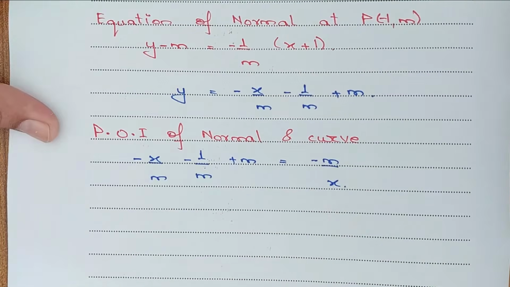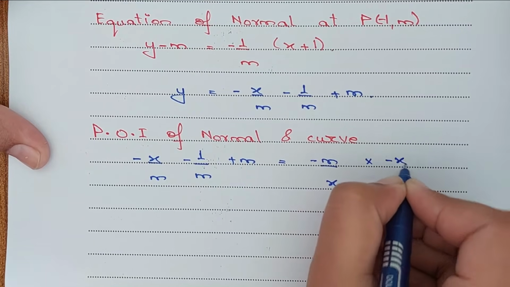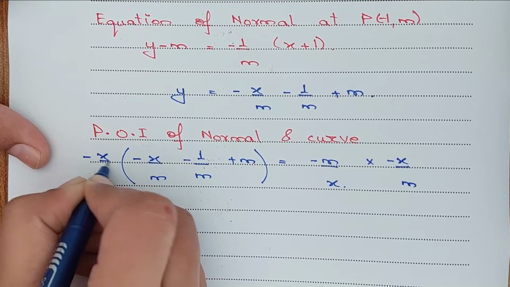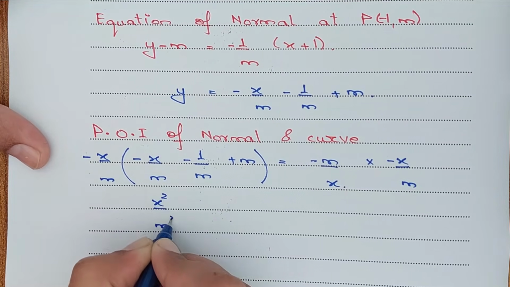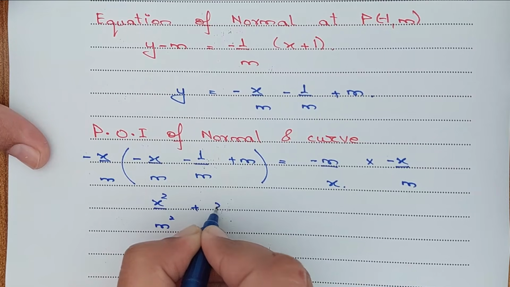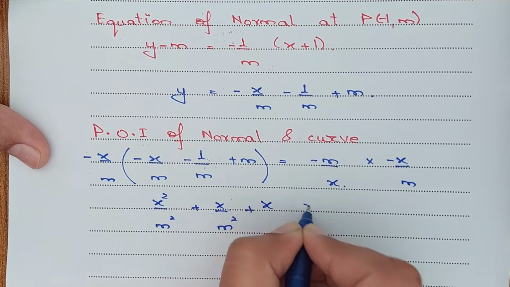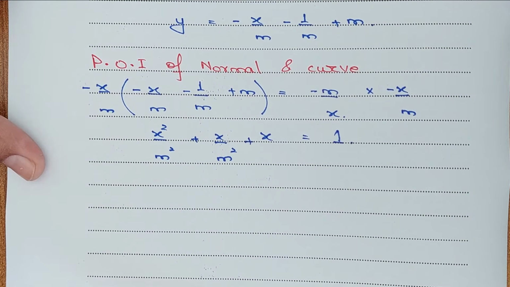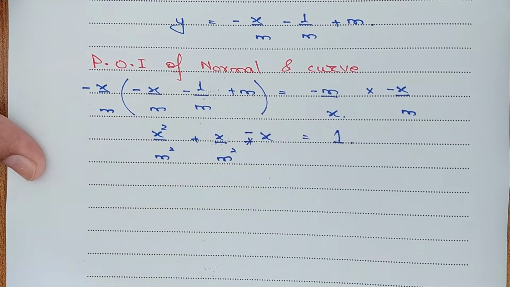Okay, so let me simplify, multiplying both sides by minus x over m. This gives x squared over m squared, and here positive x over m squared, m is cancelled with m, positive x, and this is just 1, right? Now we have negative x, negative over here, sorry.